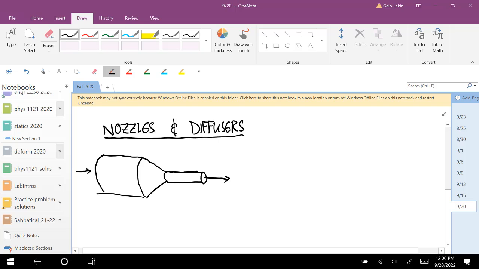And at the inlet, you have a high pressure and a low speed. And at the exit, you have the opposite of those, a low pressure and a high speed.